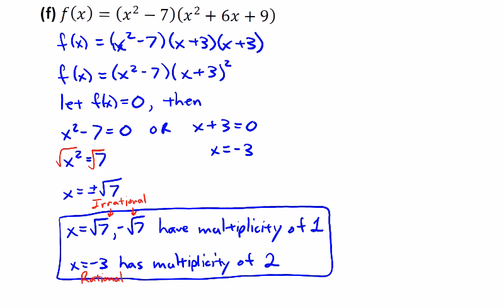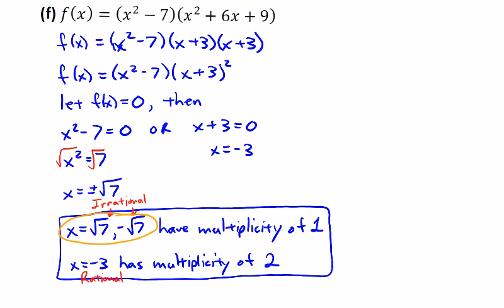So certainly the most popular type of zero that we encounter is rational. And those are the kind of numbers that we deal with on a regular basis. Those are going to be your integers as well as your fractions, proper and improper. The irrational we don't see quite as often, and the complex we don't see quite as often. But I want you to notice here we have two irrational answers.